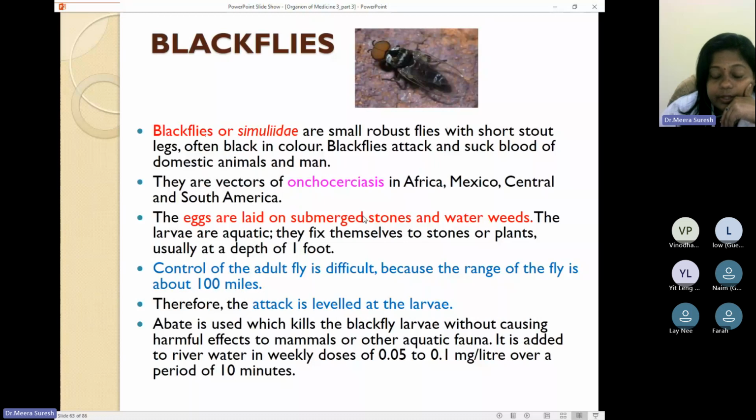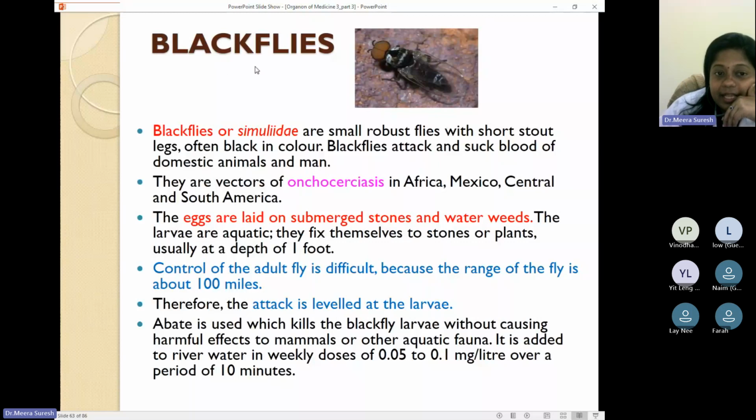Now, their habitat is very important here because that is how we are going to destroy this organism environmentally. In the case of black flies, the eggs are laid on submerged stones and water weeds. All the other organisms we discussed, except the mosquitoes, the house flies, sand flies, tsetse flies, were seen in some vegetation or inside the house or crevices, or sometimes following travelers.